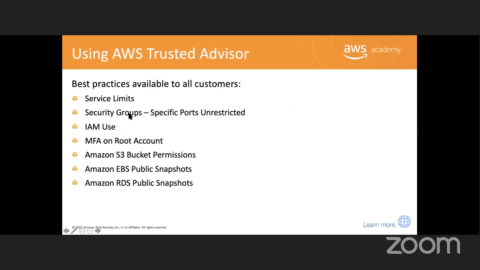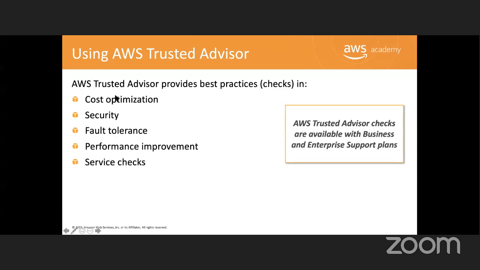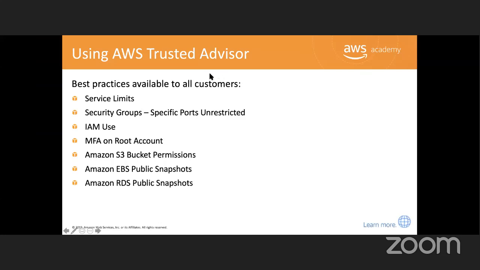So the best practices for AWS Trusted Advisor for all customers: service limits. This is for all customers, because you can have the basic Trusted Advisor, which is for all customers, and the full Trusted Advisor, which is only for the business and the enterprise plans, right?